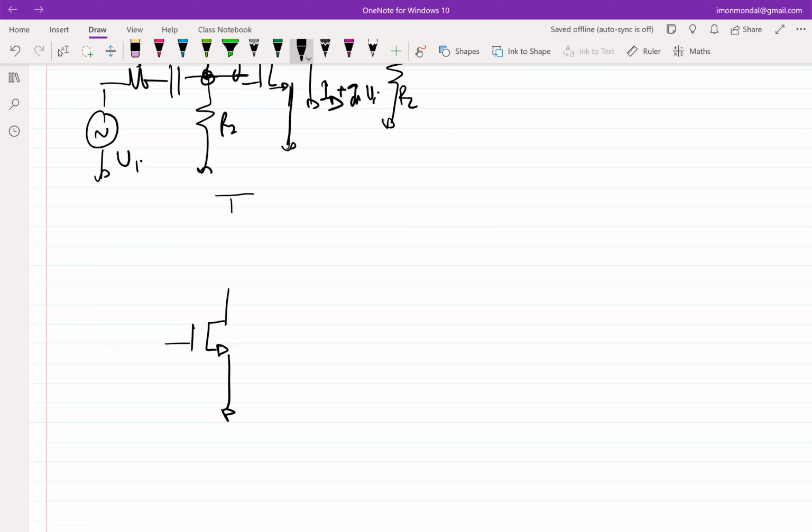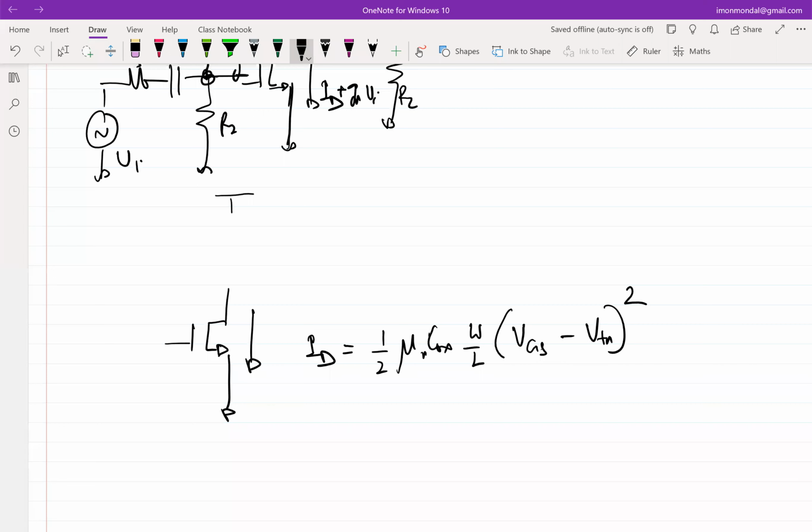So when I say that the total current ID is mu n Cox W over L times VGS minus threshold voltage whole square, what am I essentially saying? What is the dependent variable and what is the independent variable? Exactly, right? So VGS is the independent variable and ID is the dependent variable.